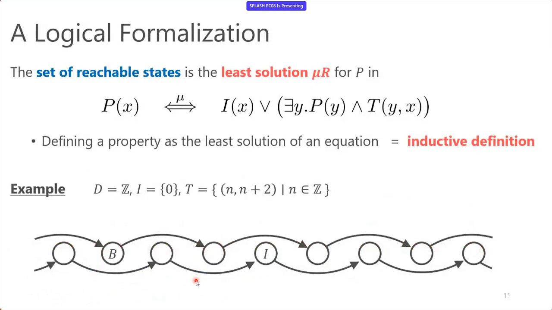And let me formalize our model checking problem using the notion of reachable states. The set of reachable states is defined as the least solution mu r for predicate variable P in this logical equivalence.